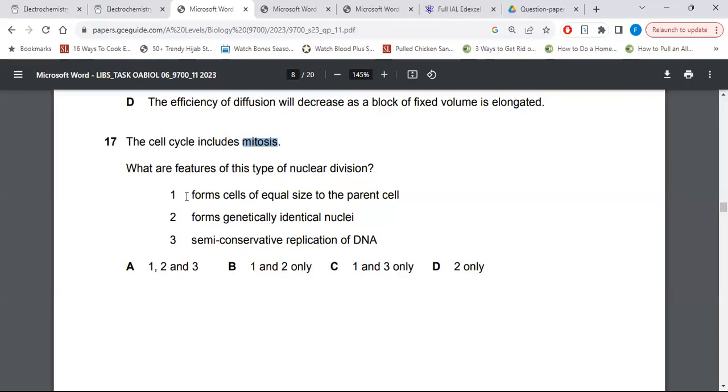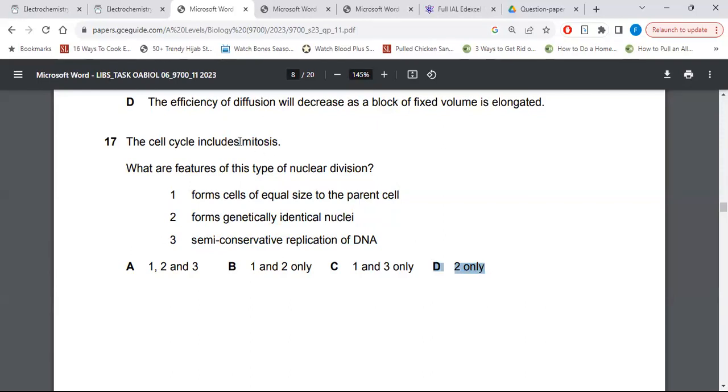So the first point is correct, but it doesn't happen during mitosis. It happens in cytokinesis. Point number 3 is also correct, but it doesn't happen in mitosis. It happens in the S stage of the cell cycle. The only thing that actually happens during mitosis is you get a genetically identical nucleus. Hence, for mitosis, only option 2 is correct.